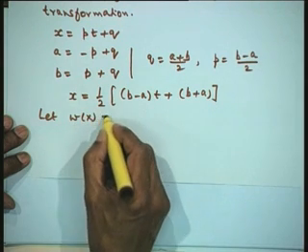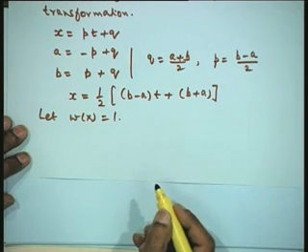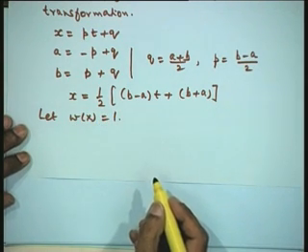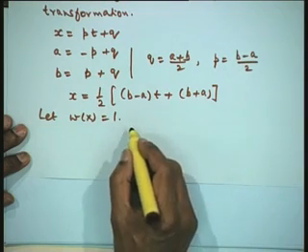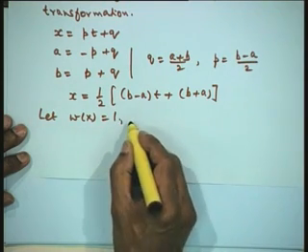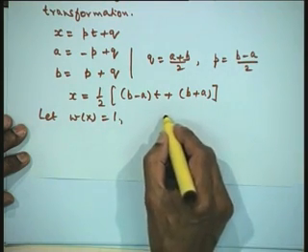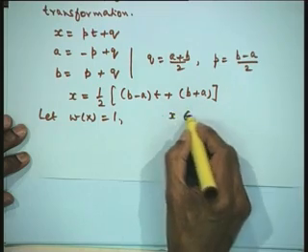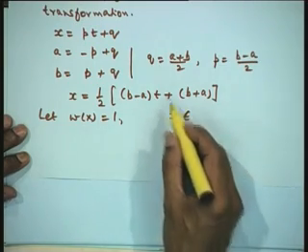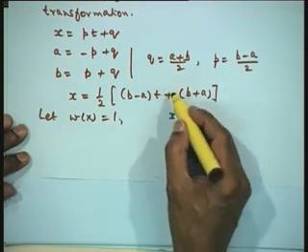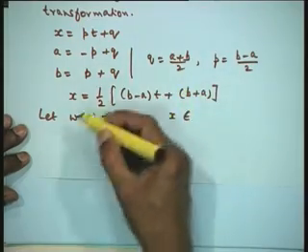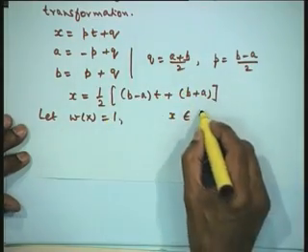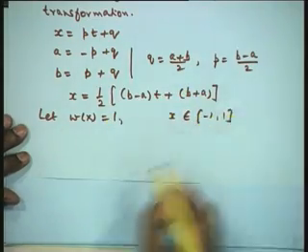Further, we will take the weight function as 1. Now we are taking the dummy variable as t and replacing it by x, so we will talk in terms of x only. So x is lying between -1 and 1.